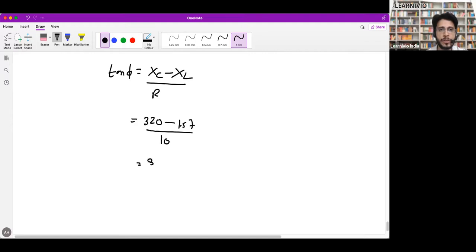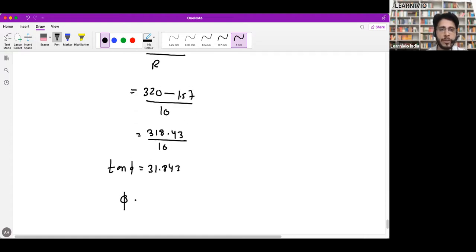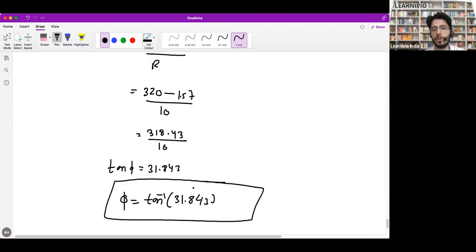This will be 318.43 divided by 10. So tan phi comes out to be 31.843. When you have tan phi, you can calculate phi. Phi will come out to be tan inverse of 31.843. This is how we calculate phi.